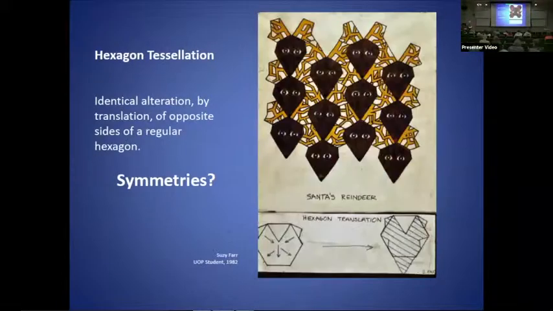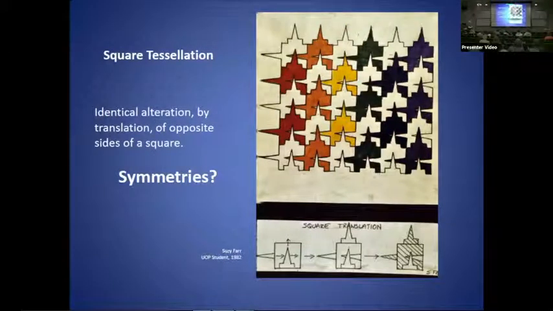So this is the simplest type for the audience member calling in. What you do is you alter one side of a square, in this case, you take a bite out of it, and then you paste that to the opposite side of the square. And similarly, make an alteration to the left side of the square and a similar alteration to the right side.